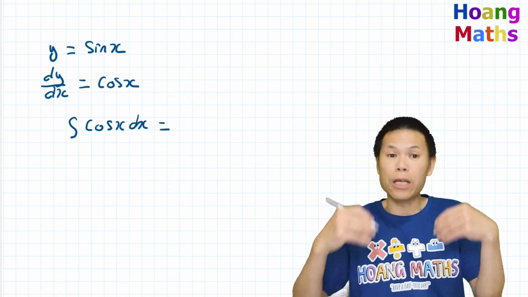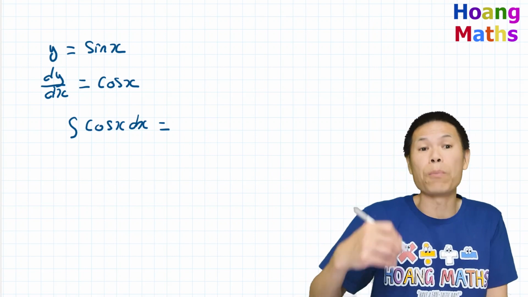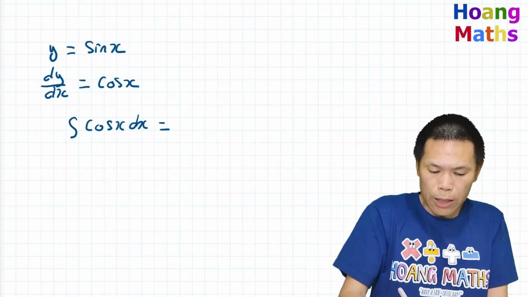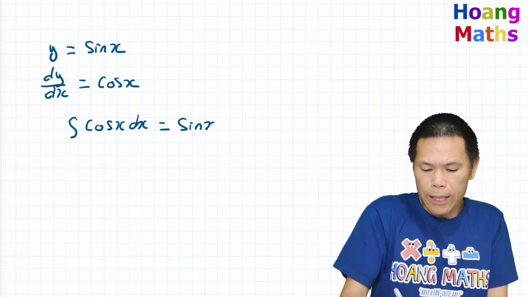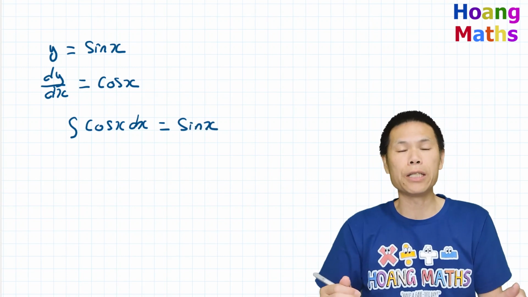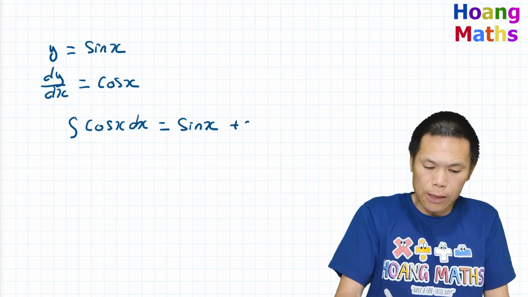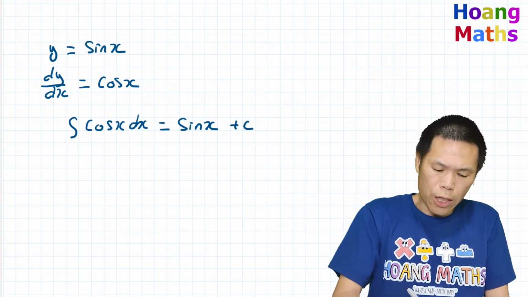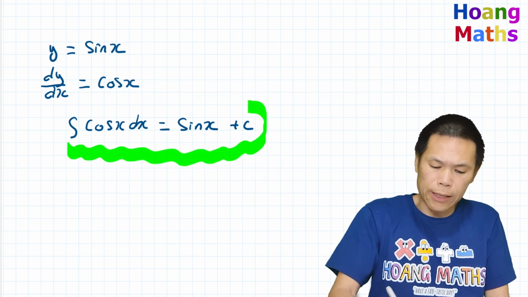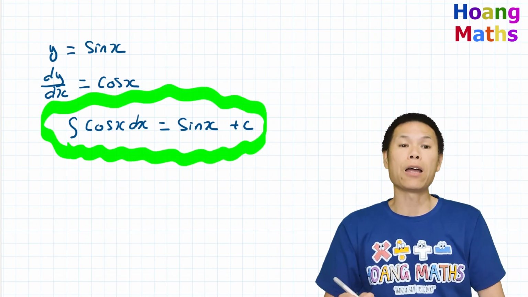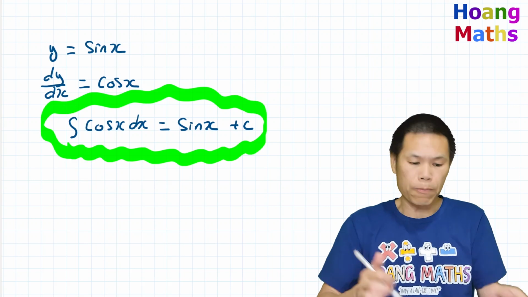That will give us sin of x because we're just going backward. And because of indefinite integrals, we need to add a constant, so that is c. So therefore, the integral of cos of x dx is equal to sin of x plus c. Okay, please keep that in mind.